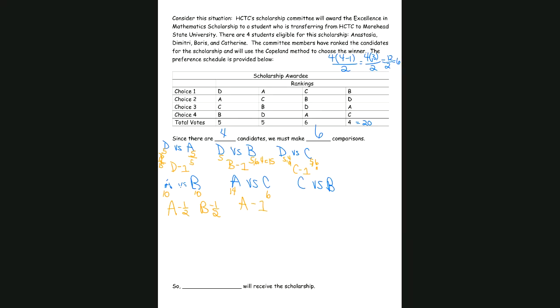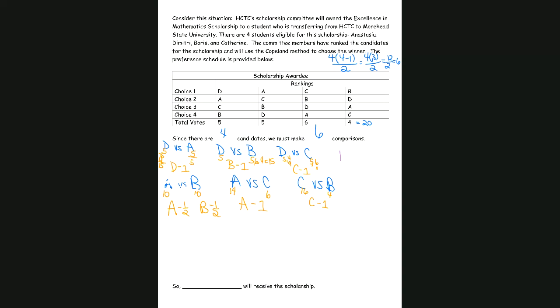And then finally, the last comparison, Catherine and Boris. So let's see, Catherine is above Boris here, above Boris there, and above Boris there. So Catherine gets 16 points, and Boris is above Catherine here, so Boris gets 4 points, so Catherine gets the vote.